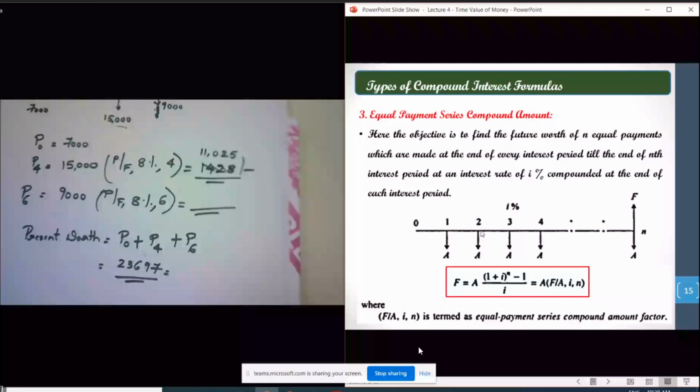Suppose I have an arrow at the 0th year, then I will start counting my deposit value from 0 up to n, or up to n minus 1 period. Anyhow, when we solve the problem, you will understand. For the time being, you focus on this numerical. We have multiple problems relating to those cases.